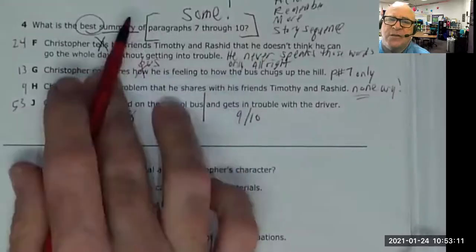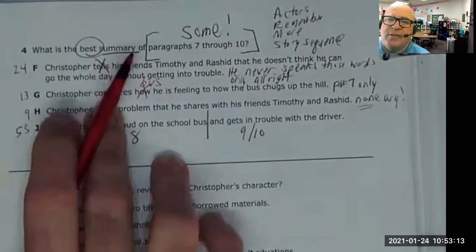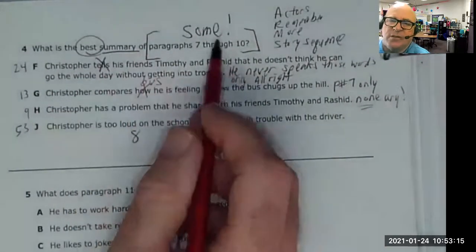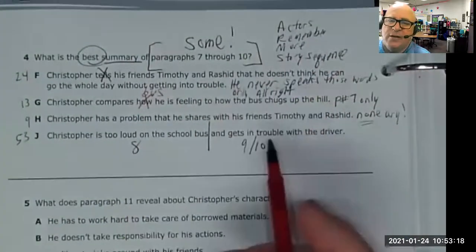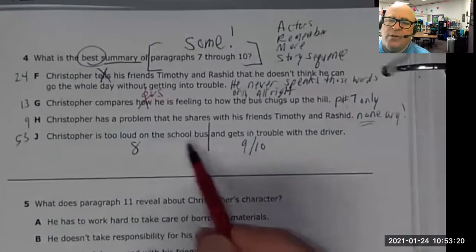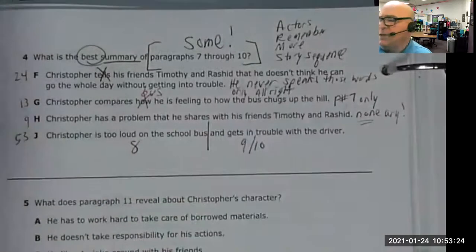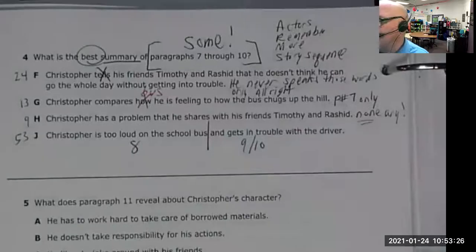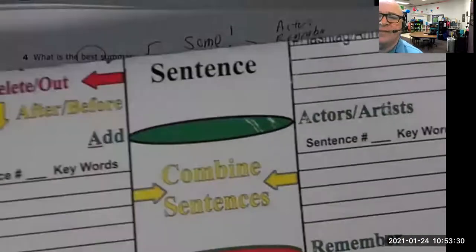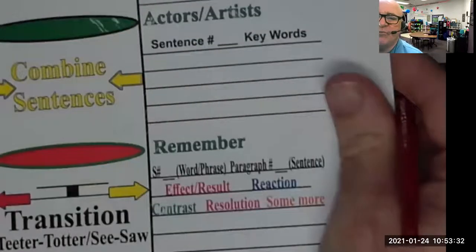Since that's the best summary of some of the sections, just 7 through 10, then we would be able to choose letter J.